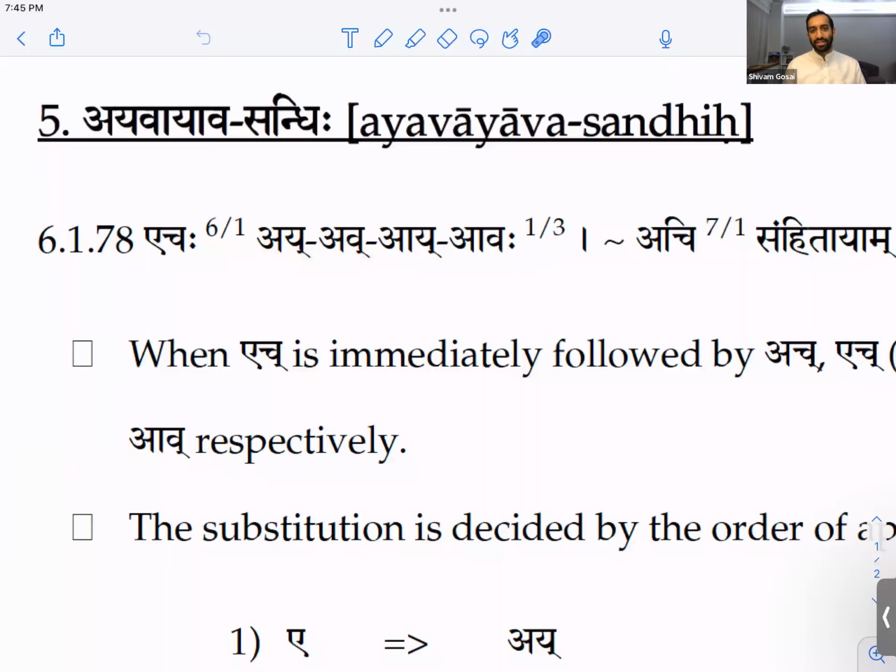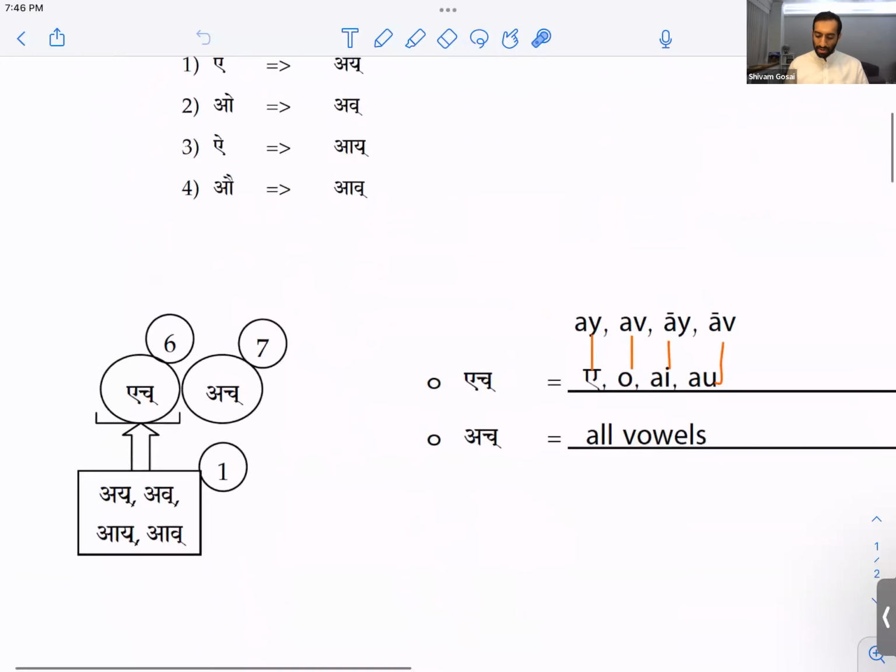What it says is when ech is immediately followed by ach, then this ech is substituted by these specific things. So let's look at this. Ech stands for these diphthongs, we call it. E, o, ai, au is what we say ech.